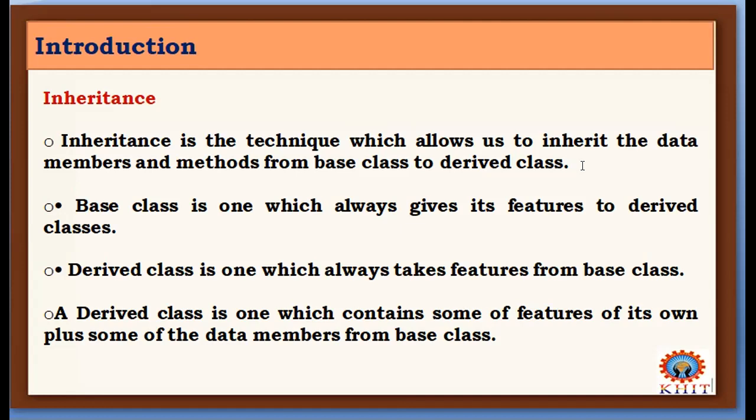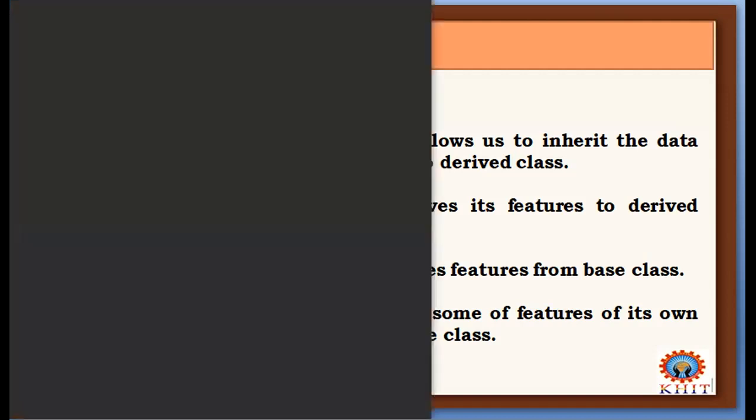See, in general, the coding of Java we try to implement in classes, right? So we define classes. So we write some class A, class B, class C like that. Okay. So class A is the base class. If you write class B, then it is a derived class, if it gets the properties from the base class. So I'll show you a small representation.